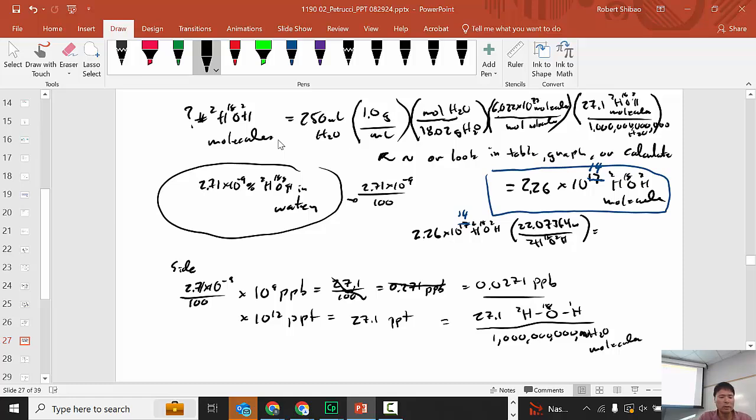So 2.26 times 10 to the 14 times 22.07364 gives me 4.997. Actually, I'm only allowed 2 sig figs, so I'll just go 4.99 times 10 to the 15 U total.